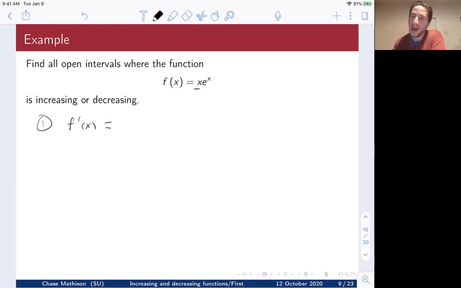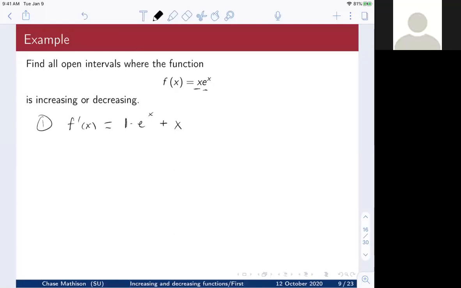The derivative of x is just 1, times the second function left alone, e to the x. Plus the first function, x, left alone, times the derivative of e to the x. What's the derivative of e to the x? e to the x. Perfect.